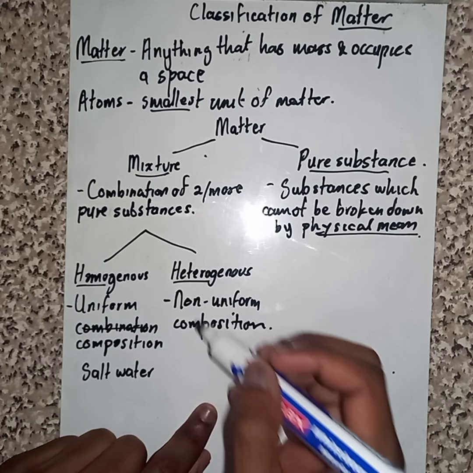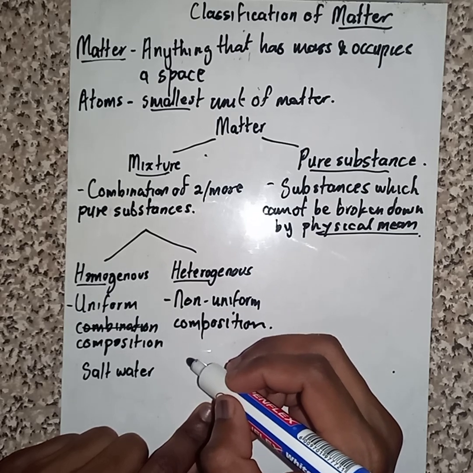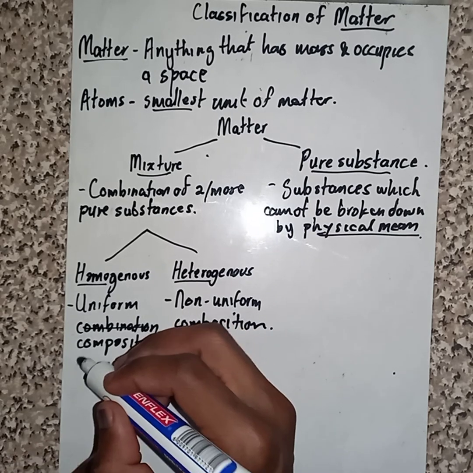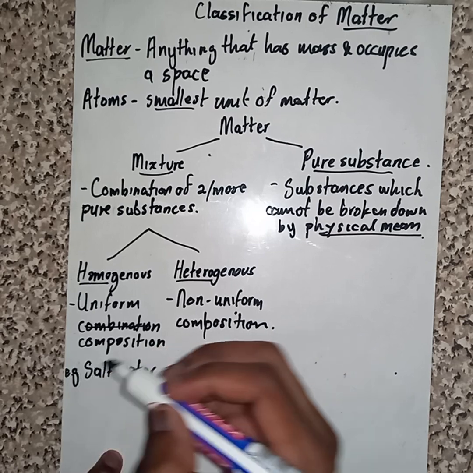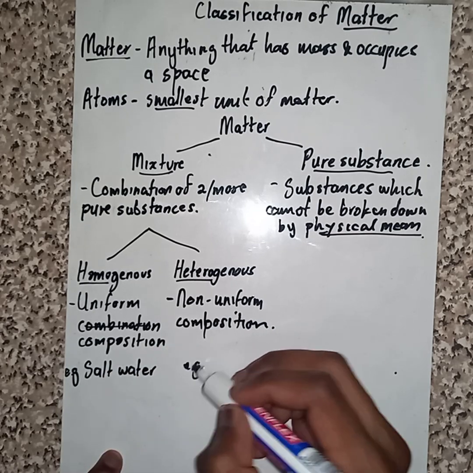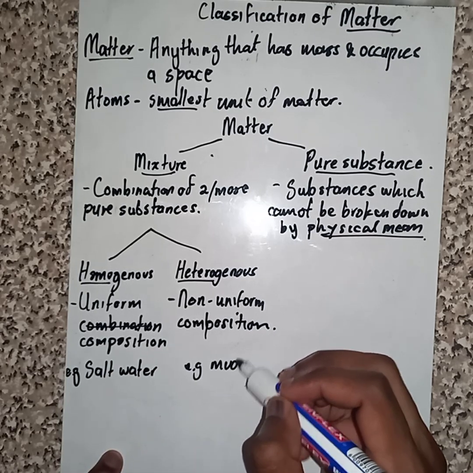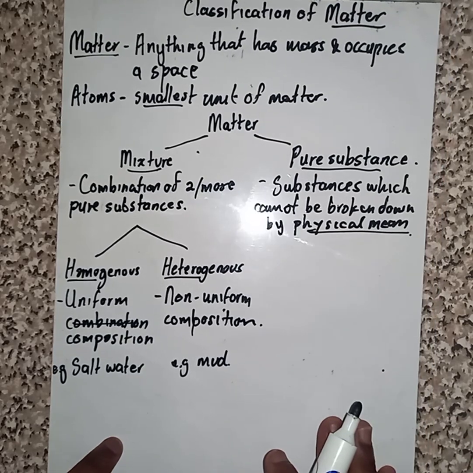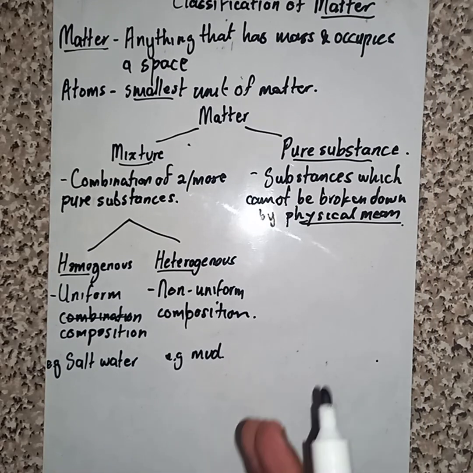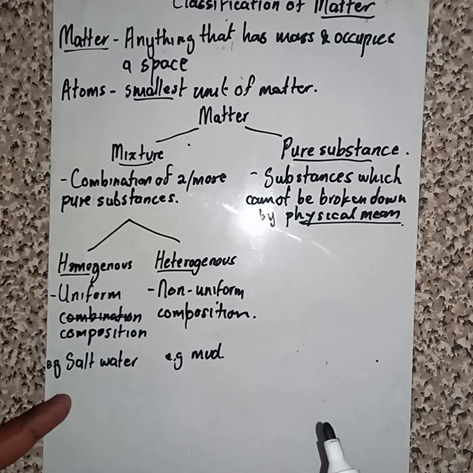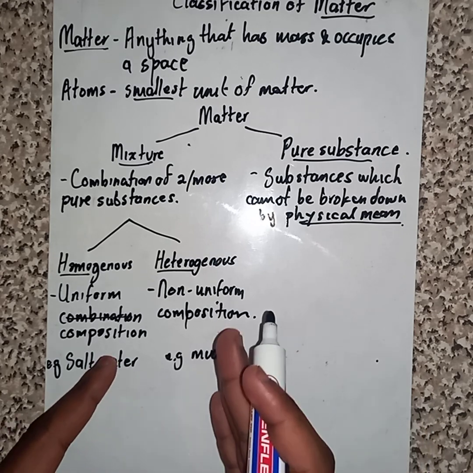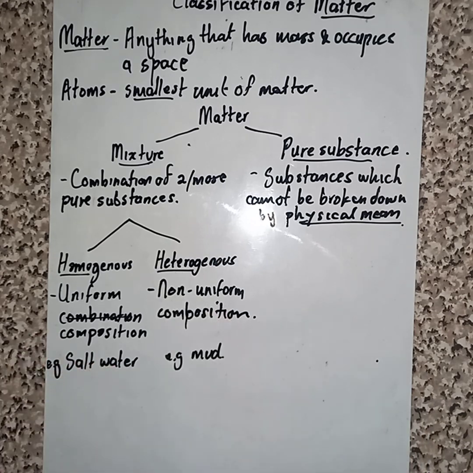But for a heterogeneous mixture, an example is mud. We can clearly see mud inside water, so it's a non-uniform composition.